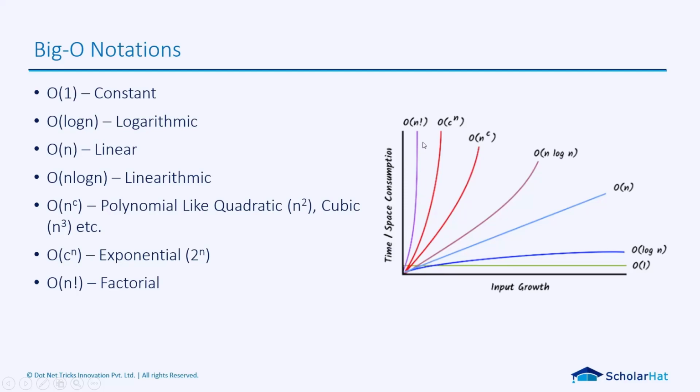Exponential, O(c^n), is also increasing exponentially, so this is the exponential graph. Actually factorial is more steep, as you can see. We'll understand each thing one by one, and after I let you understand here, I'll take you to the whiteboard and there I'll take examples and you'll understand better.